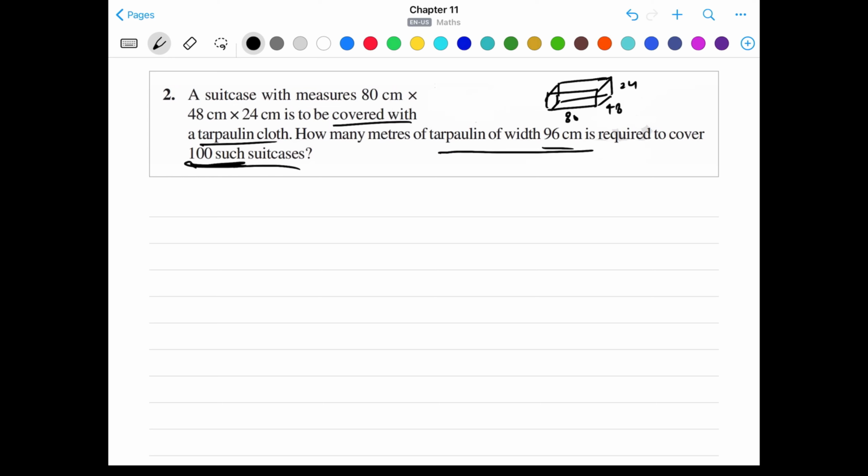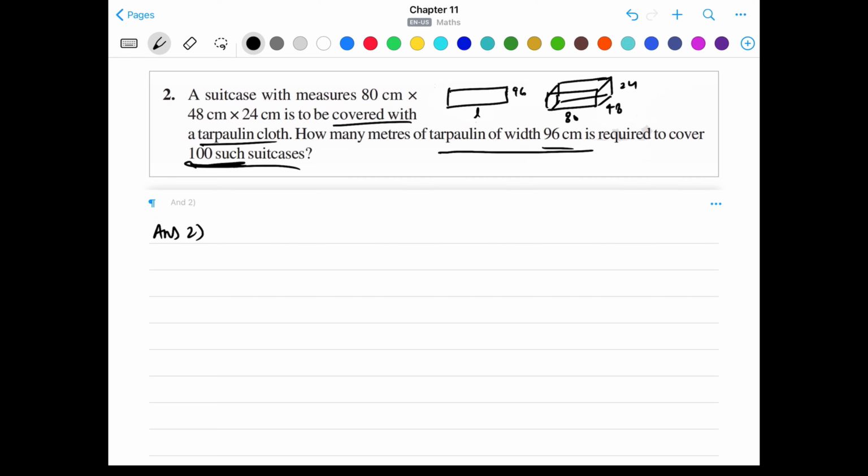That means a cloth is generally in the shape of a rectangle like this, whose width is given, which is 96 centimeter. We need to calculate its length L here. So first we'll calculate total surface area of a cuboidal box. So let's start the answer number 2.